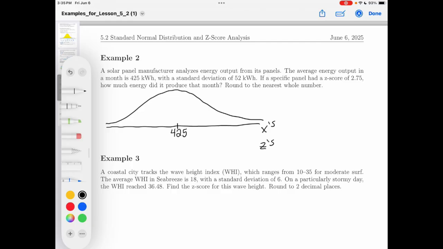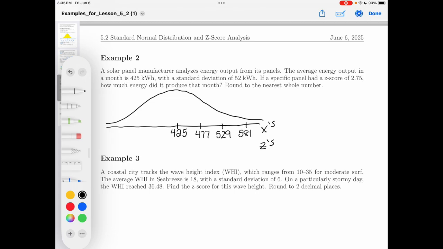Now, if I come out one standard deviation, I have to add 52 to 425, and that's going to give me 477. If I add another standard deviation, that gives me 529. And then one more standard deviation gives me 581.